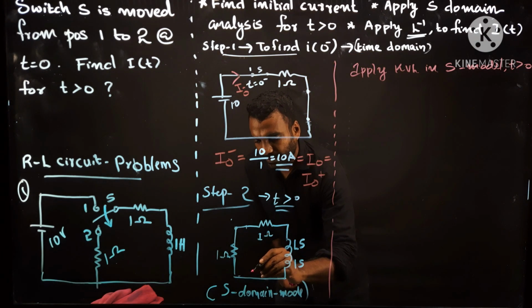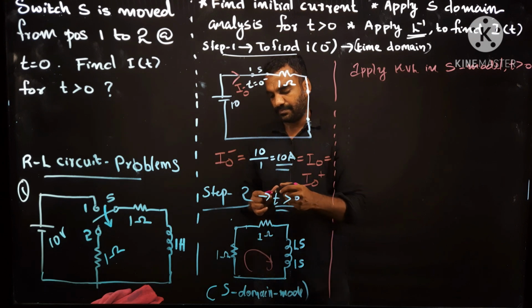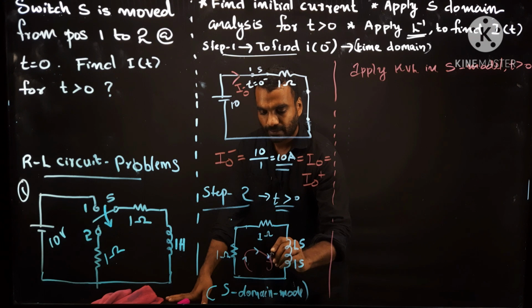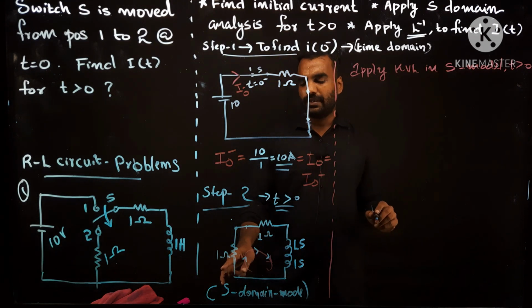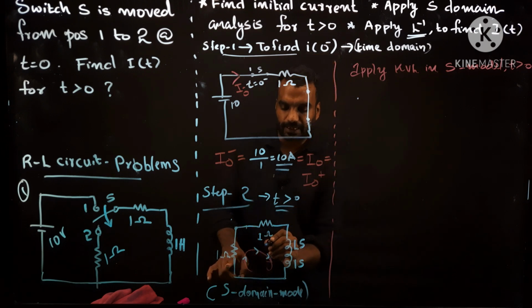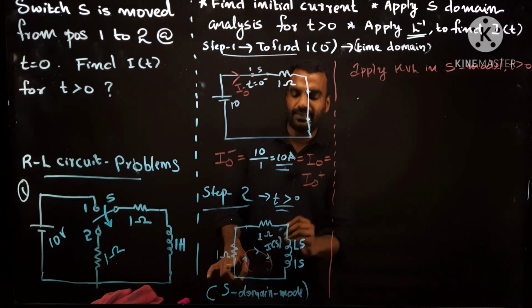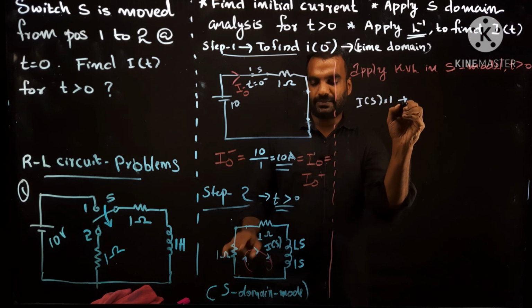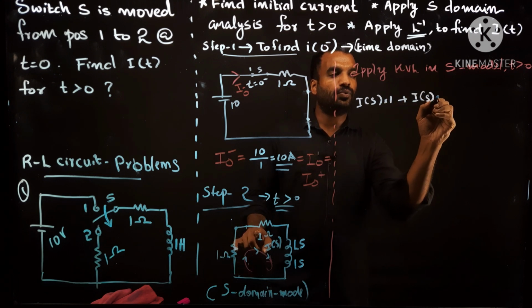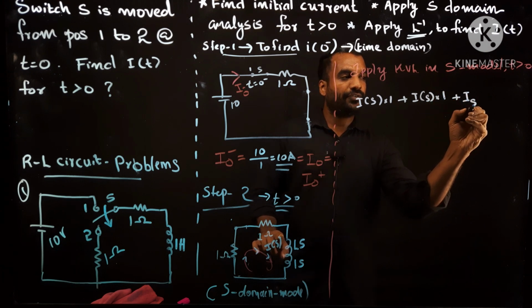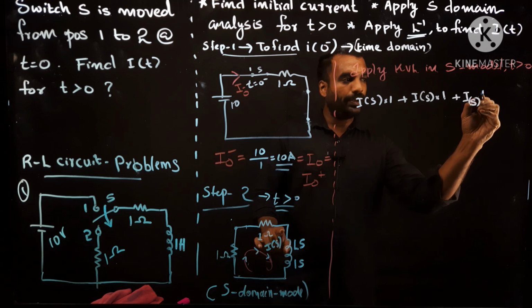For KVL, I am taking some direction. As it is a resistor, take plus where the arrow mark is entering. This current is I of S as it is in S domain. So, I of S into 1 ohm plus I of S into 1 ohm plus I of S into Ls.